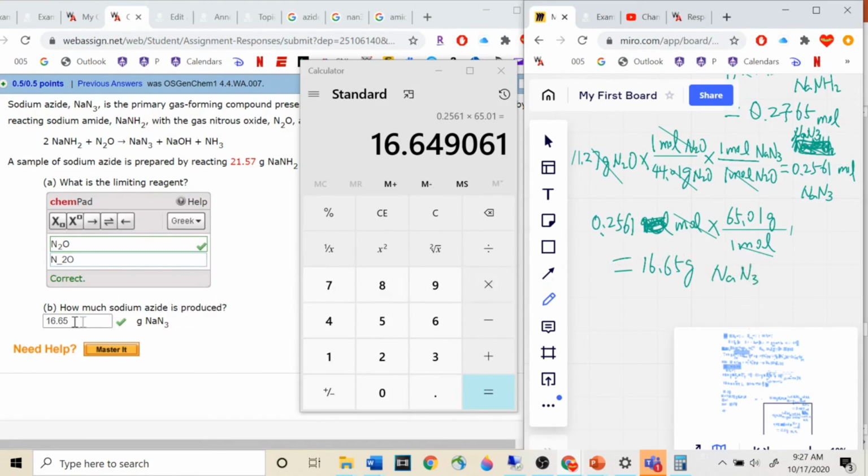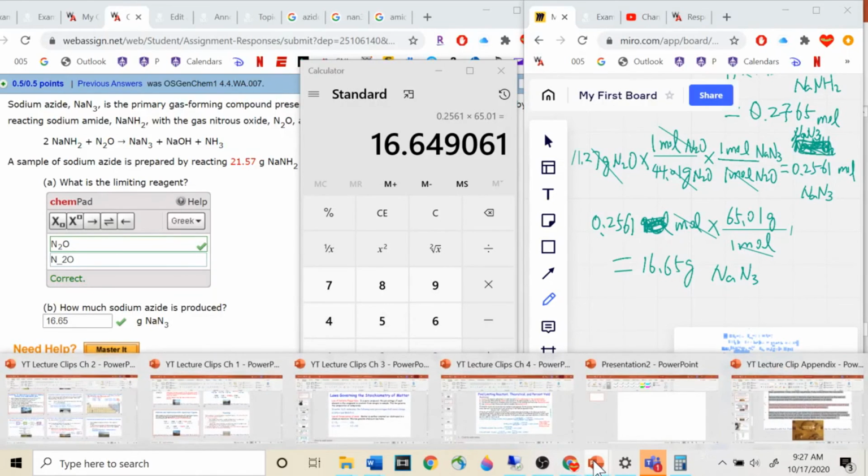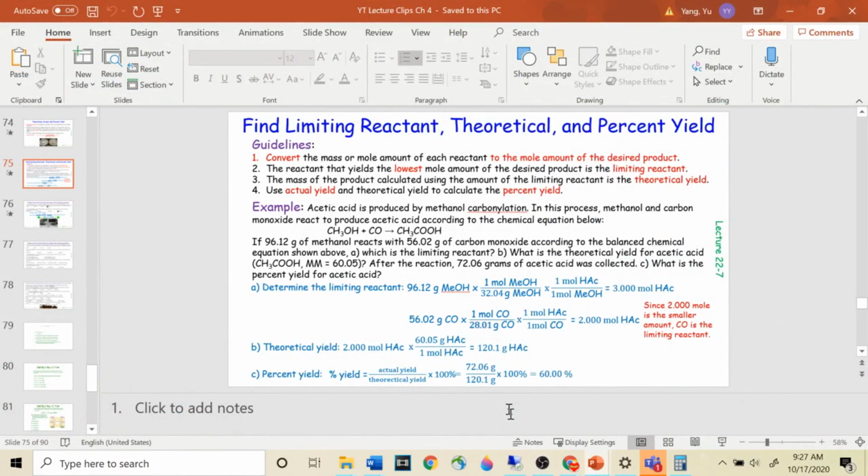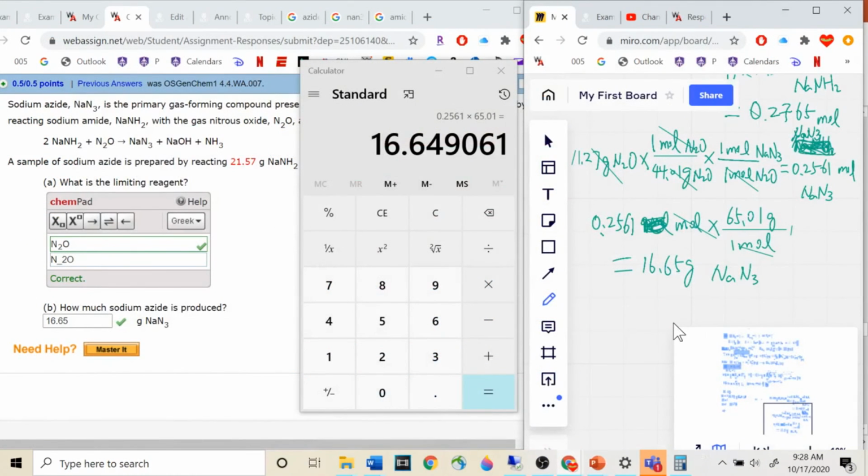So you key in that number, 16.65, and submit, and the system should give you the credit showing this value is correct. So that's how you solve problems like this. Again, if you forget the strategy, you just follow those rules right here. That's it for this question.